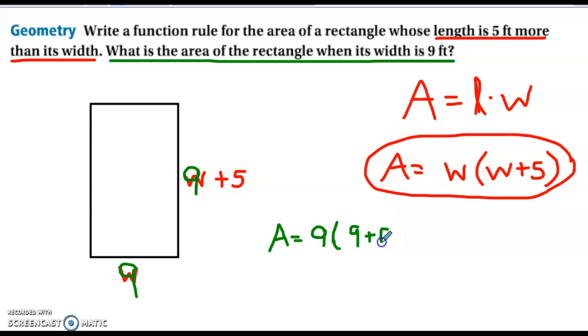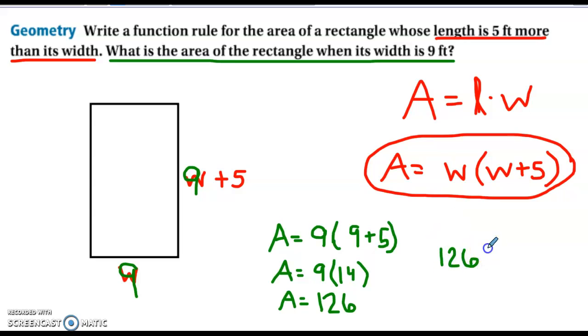We know that 9 plus 5 is 14, so the length is 14. Then I just have to figure out what is 9 times 14. That would be 126. So the area of the rectangle when its width is 9 feet is 126 feet squared.